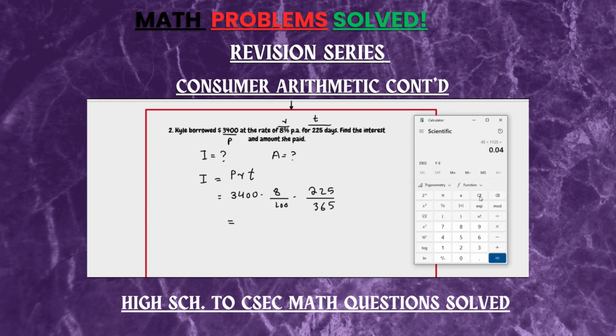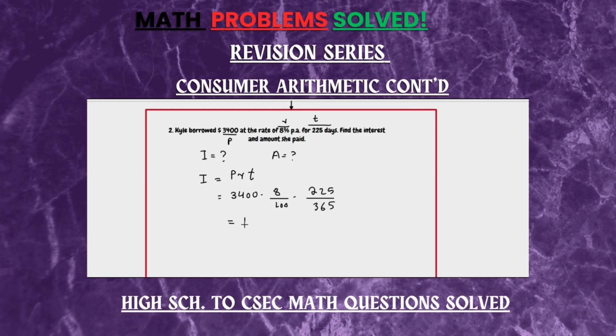So I will just use the calculator here. 3,400 times 8 times 225, then divided by 36500. So it will be 167.67, right? If you round it, $167.67. That's the interest amount.